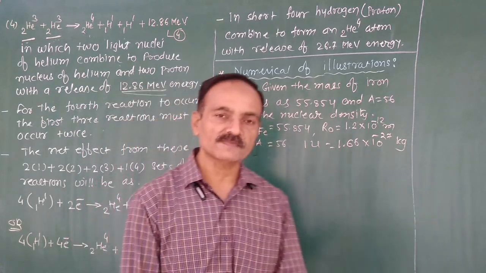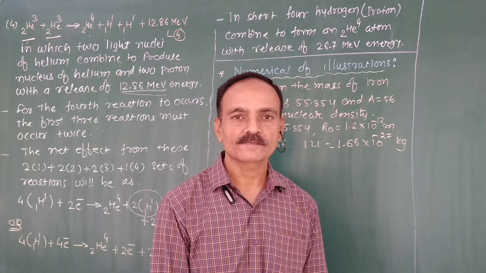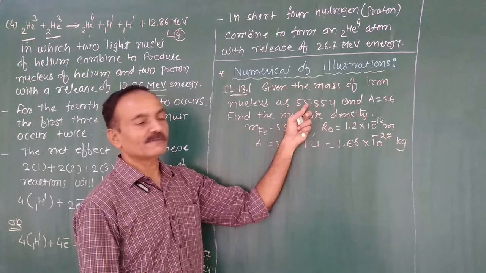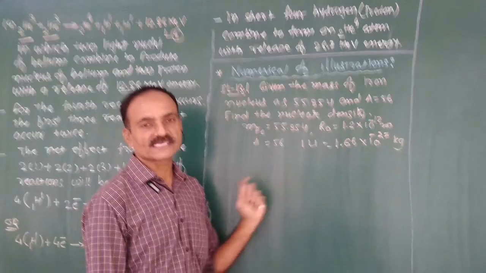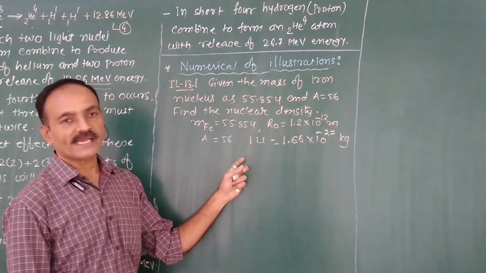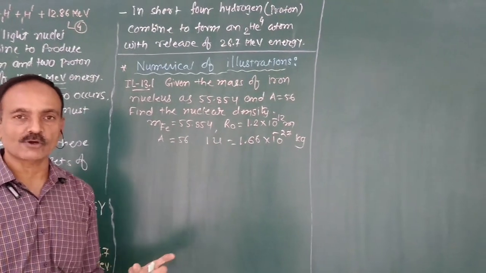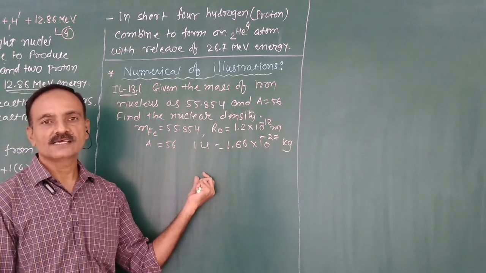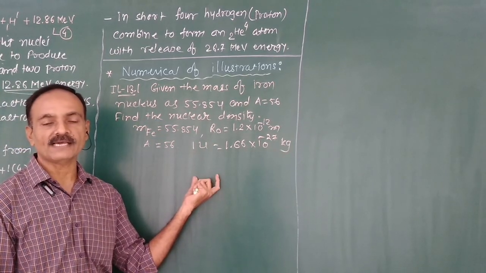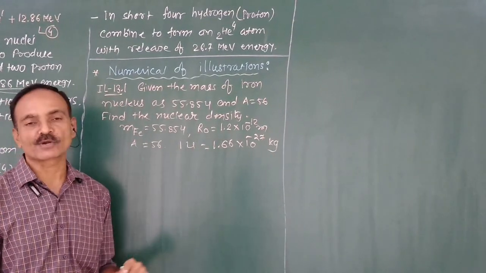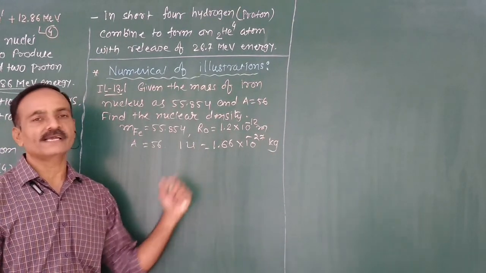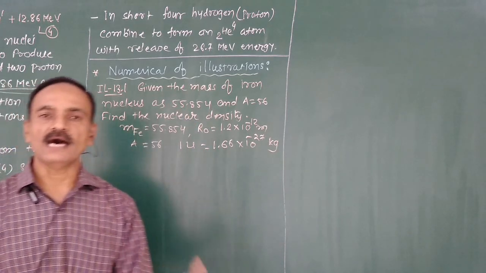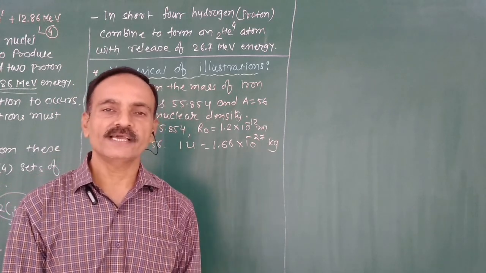We know the equation of the density is equal to mass per volume. Mass of the iron atom is given in atomic mass unit. Here volume is required. Volume of the atom is, here we consider the atom as a sphere. Therefore the volume of the atom is V is equal to 4 by 3 pi r cube. Here the radius is not given. First we have to calculate the radius of iron atom, by using the equation R is equal to R0 A raised to 1/3.